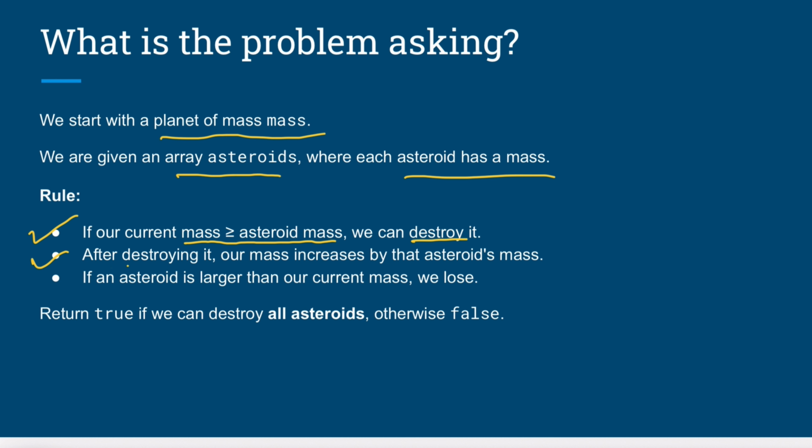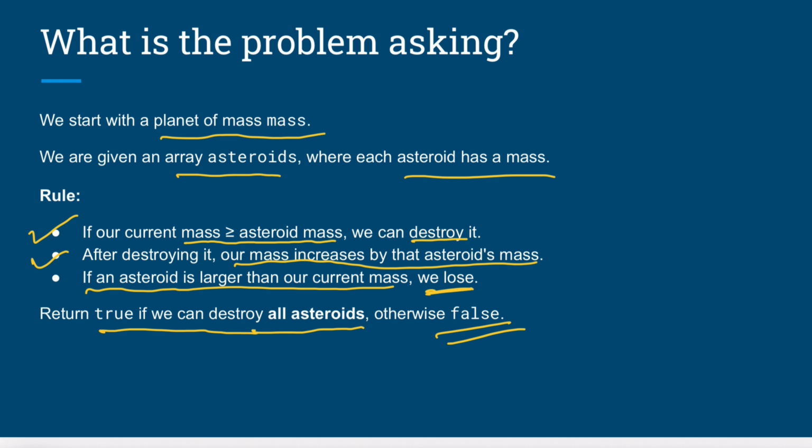After destroying it, our mass increases by the destroyed mass, which means the mass keeps increasing if it can destroy. If the asteroid is larger than the current mass, we lose, meaning the planet will be destroyed, not the asteroid. We have to return true if all asteroids are destroyed, otherwise we return false. Understand? If not, please pause here and go through these statements.